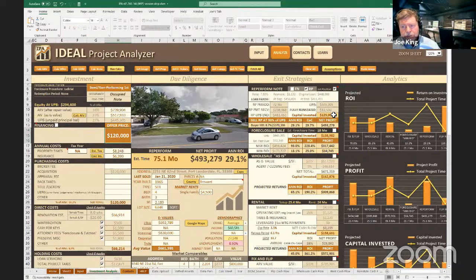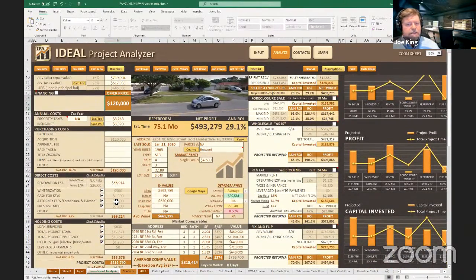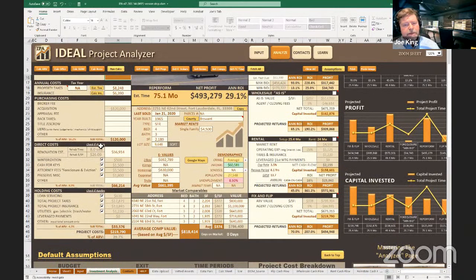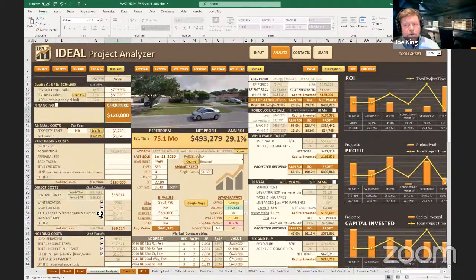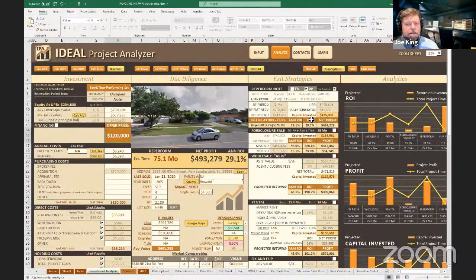So that's a good question. The capital invested is 125,000. The reason it's 125,000 and not 120,000 is because we have other expenses that we're incurring. In some cases, servicing costs. We may have holding costs. We could have insurances, taxes that we owe. There's all kinds of other expenses that go into this time frame. From the time that we buy it to the time that we get it reperforming, that could be 3 months.